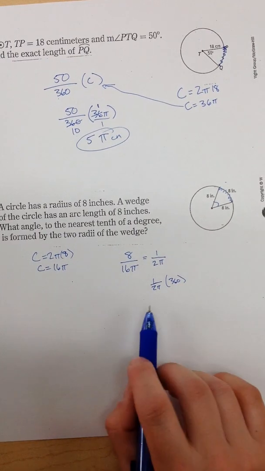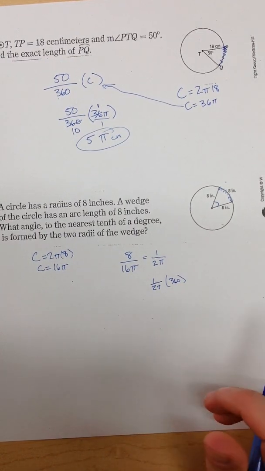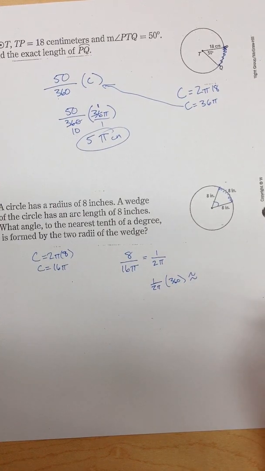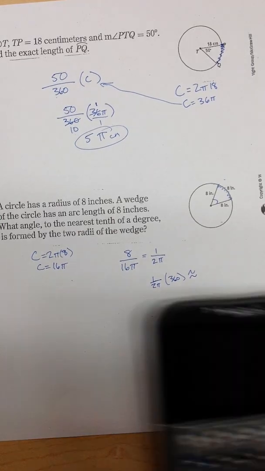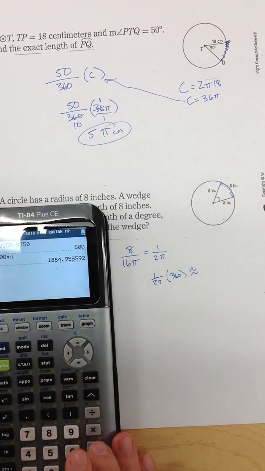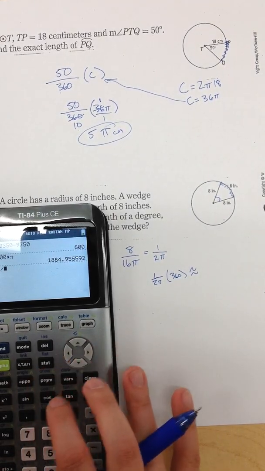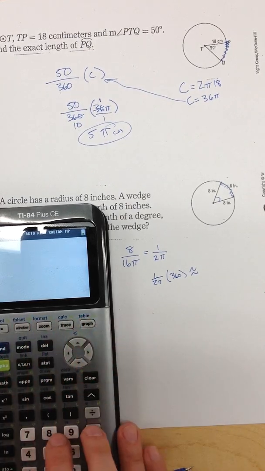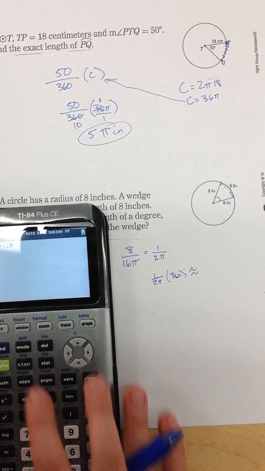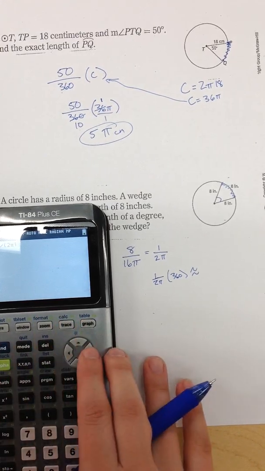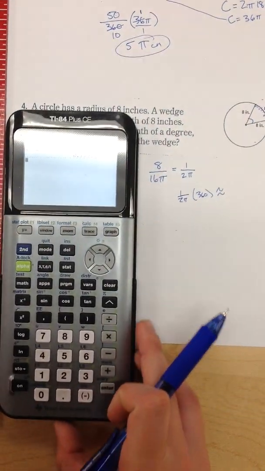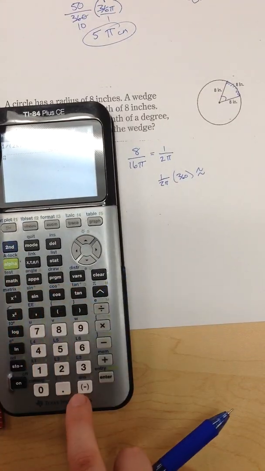So I would just do this on my calculator, because now they want an approximation. If they didn't want an approximation, you could just leave it as that. But since they do, let's do, I'm going to put this in parentheses, 1 divided by 2 pi, get that answer, and then I'm going to directly take that answer with my answer button and go second answer.